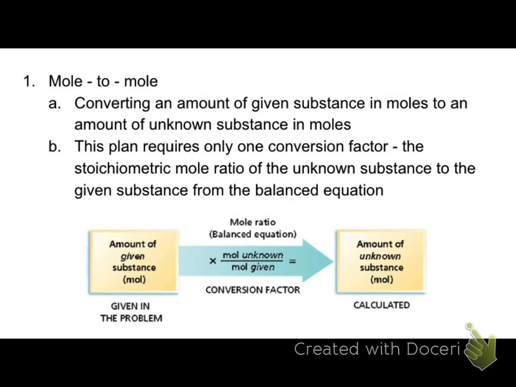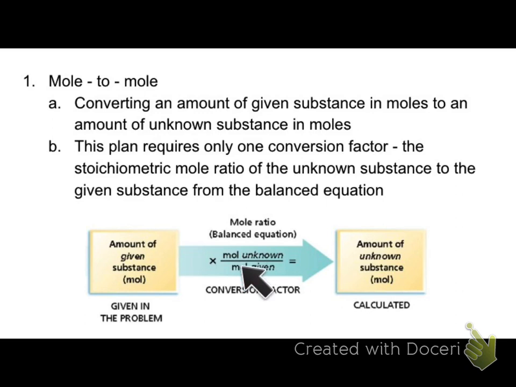So the picture of what this will look like is you're going to start with a given amount of a substance over here, okay? So they're going to say you have X moles of this substance. So then you're going to take the moles of your substance you're converting to and put them on the top, the moles of the substance you've been given on the bottom.